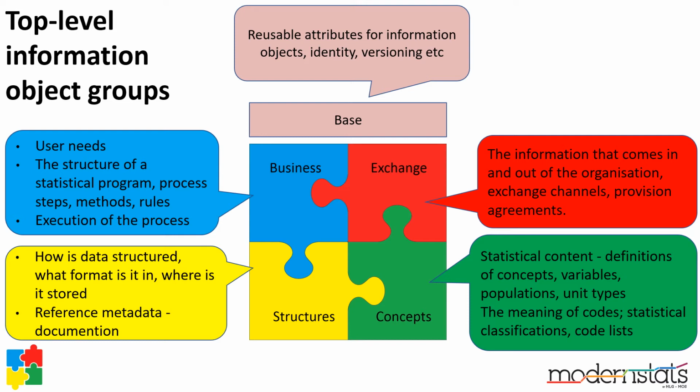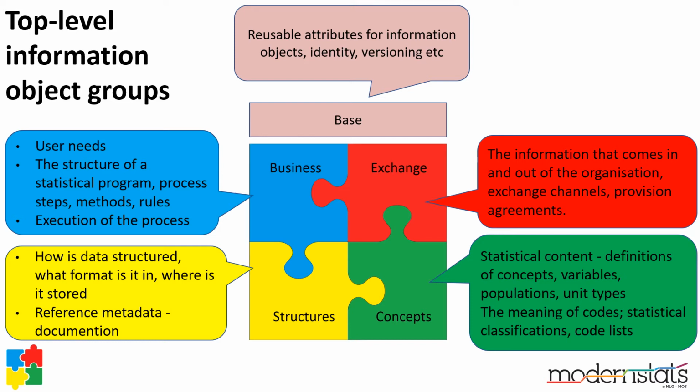In addition to these 4 groups that we will be describing in more detail throughout this training today, there's actually a 5th group, the base group. This base group has reusable attributes for information objects.